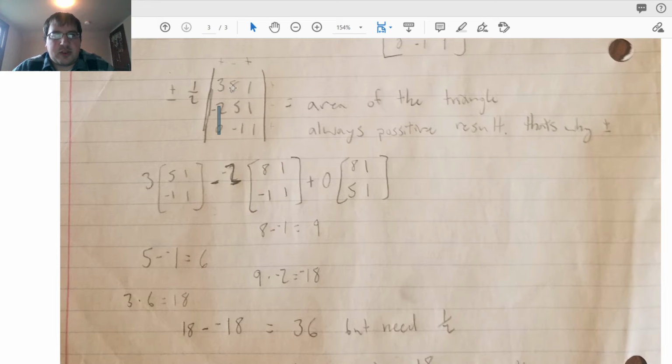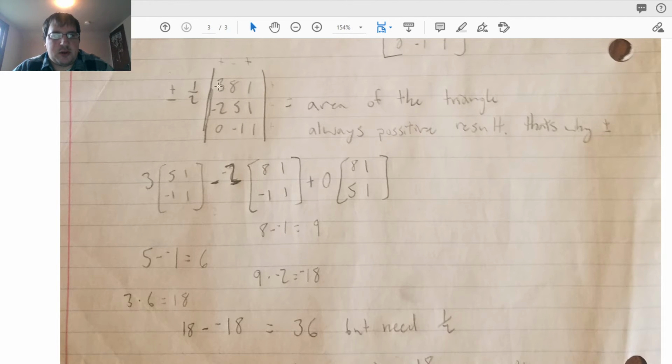All right, so if you remove the row and the column of that number, you have the 5, 1, -1, 1 left. You multiply the 3 by the determinant of that, and then you move on down to the next number. You would add, but in this case, you subtract because it is in a minus row. But we have a -2, so we have minus a negative number, so this is going to be added.